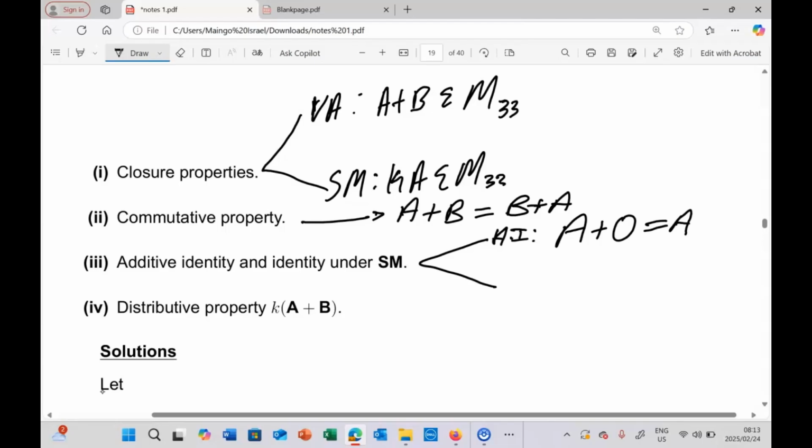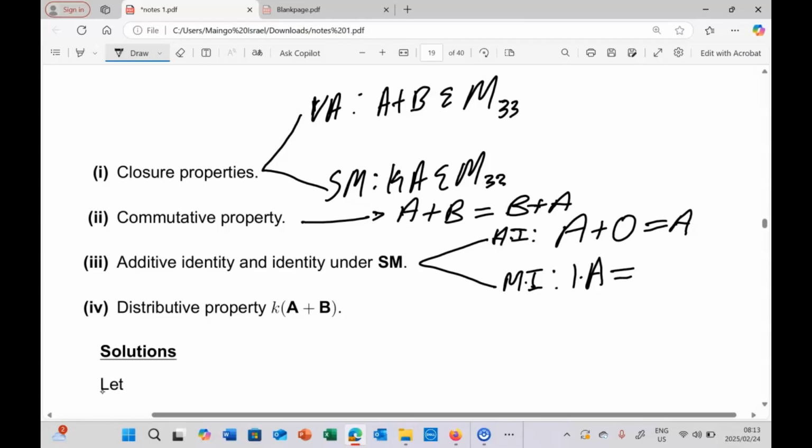Now we have the multiplicative identity. That is 1 times matrix A. That 1 is a scalar. 1 is a scalar.